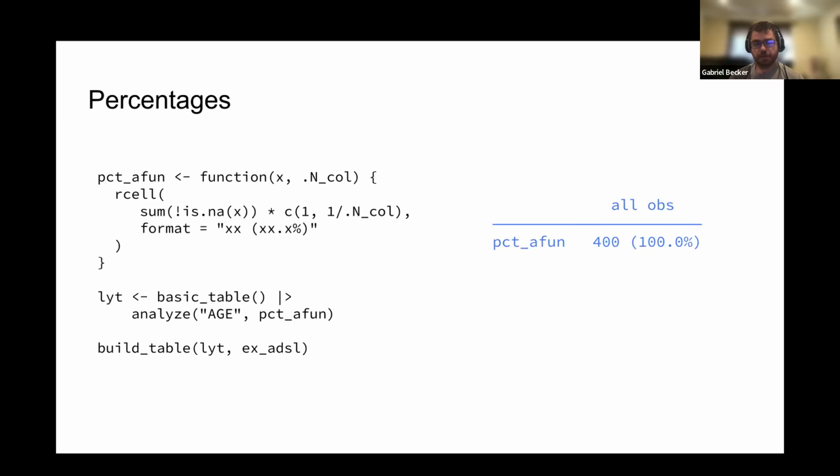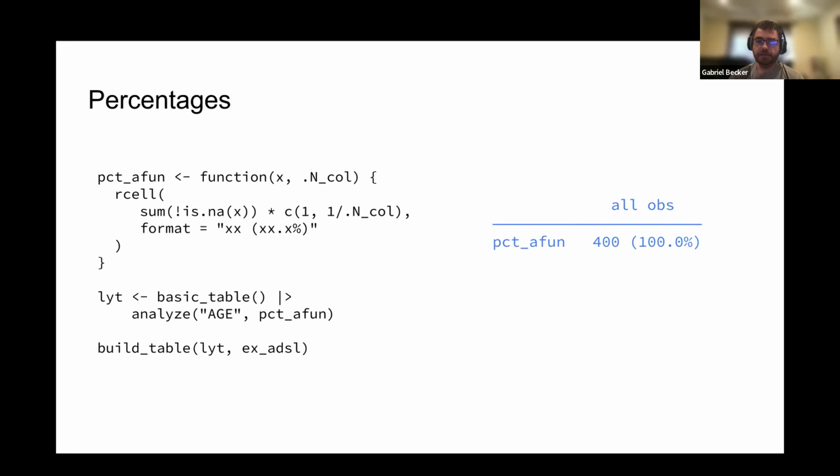So here we're going to use this. We have an afun, and now our afun, in addition to accepting x, is also accepting this .N_col. And now we have the column total, and now we're able to calculate a column percentage, which in this case is 100% because we don't have any faceting right now.